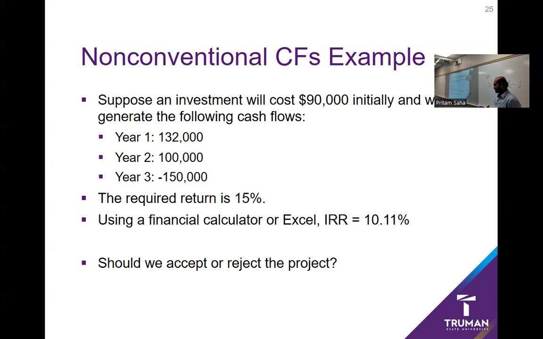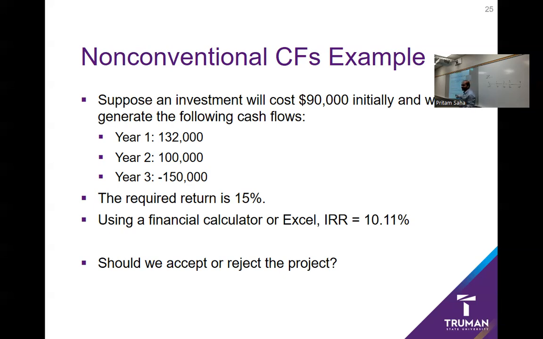So the concept is we are finding two different rates that make NPV 0. Then what is the name of these two rates? What do you call them at the rate when NPV is 0?